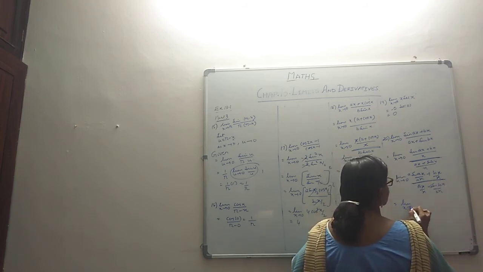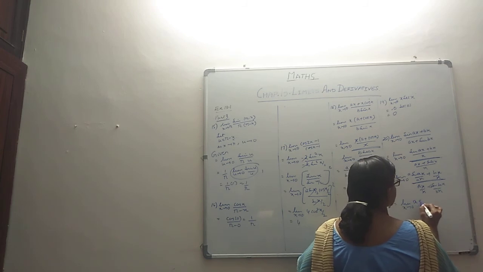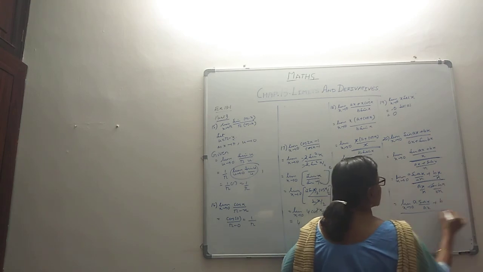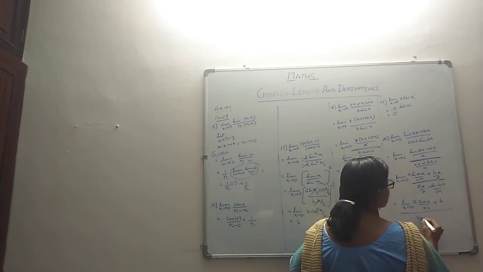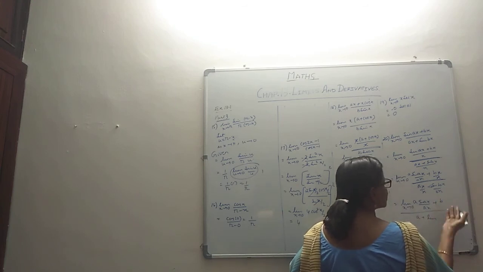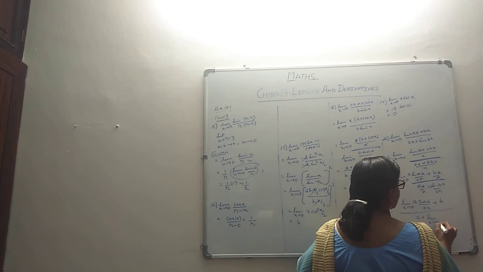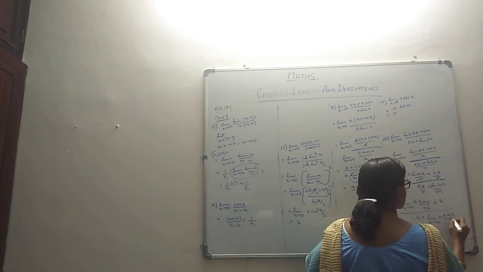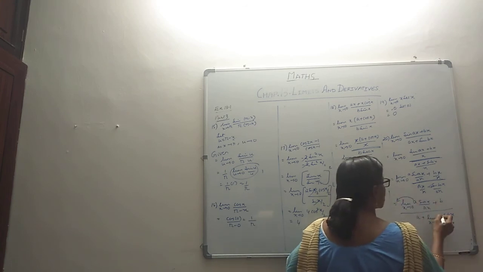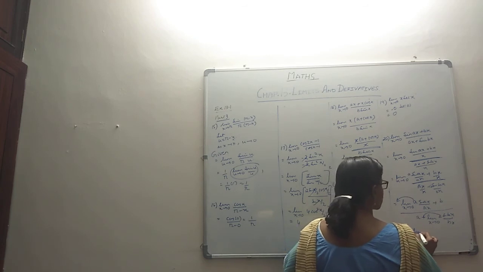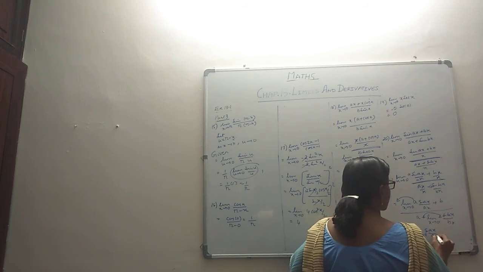Limit as x tends to 0, a sin ax by ax. Here there is no need of limit because there is no x term. Wherever there is an x term only, you require the limit. So a plus limit. See, actually limit distributes to both, but here it doesn't make any sense. Plus b sin bx by bx, and this fully moves out, and remaining things, it's like a times limit as ax tends to 0 of sin ax by ax, plus b.